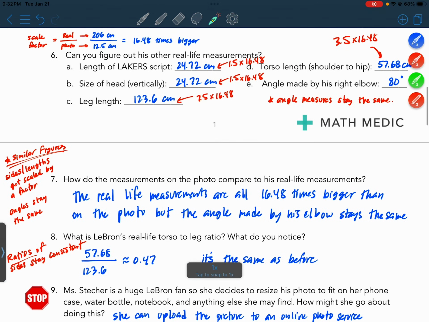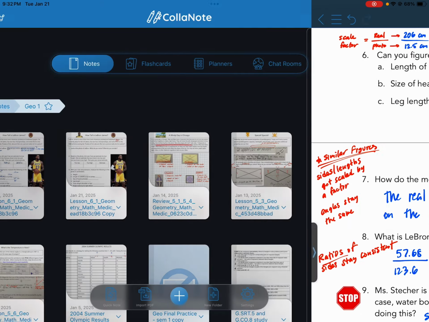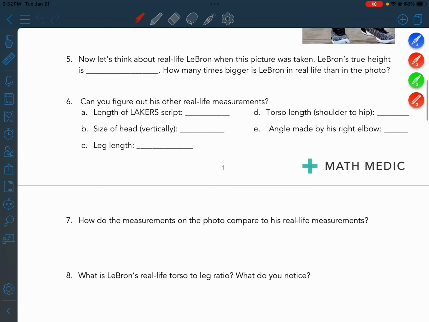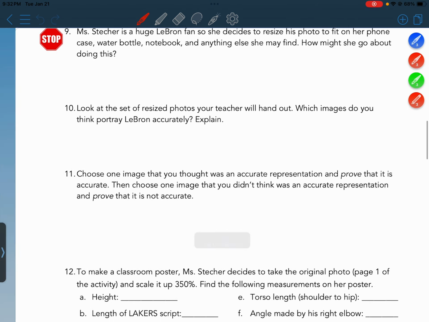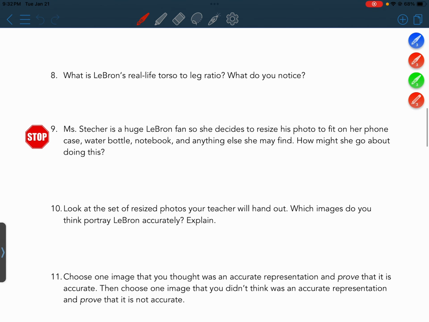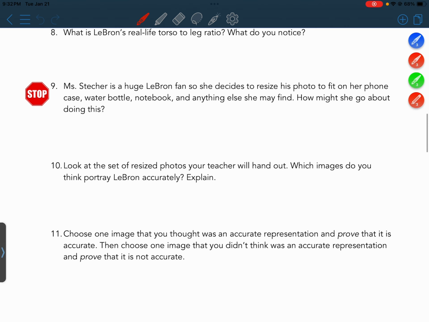All right, so we've gone up to question number 8. Next, what you're going to do is go back to working with your groups, and then you're going to do questions 9 through 12. Okay, so for when you get to question number 10, there should be another handout that your guest teacher will give you.